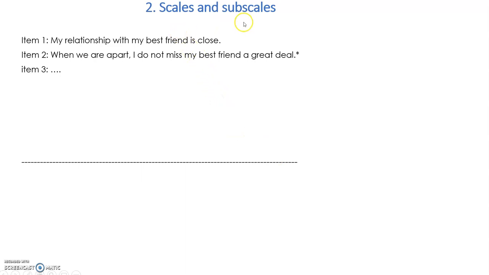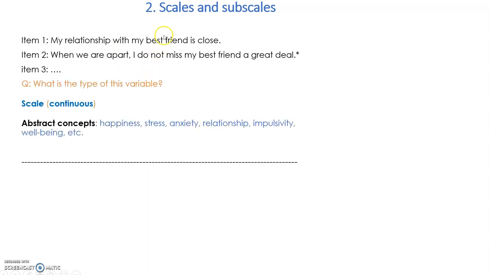About the scale and subscale variables, you can see those types of variables are scale variables, and they are continuous. These scale variables are used to measure an abstract concept. Those concepts are complex. You cannot measure the phenomenon with one question. The scale points can differ, and up to 10 points is also possible.